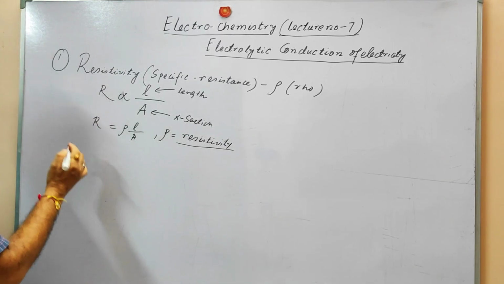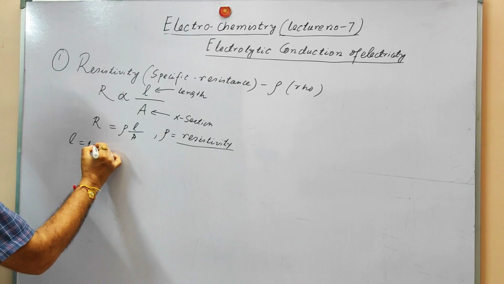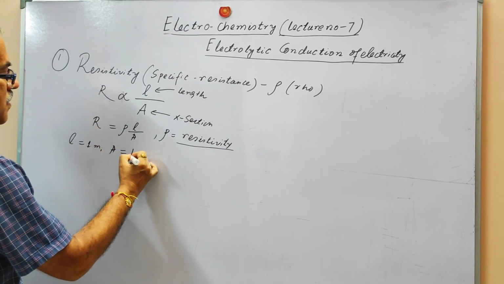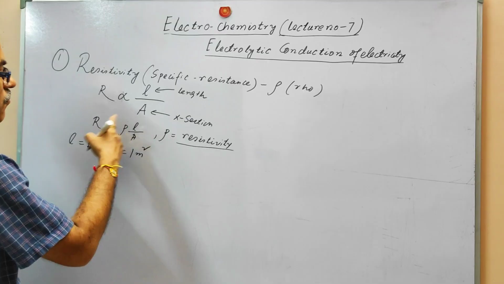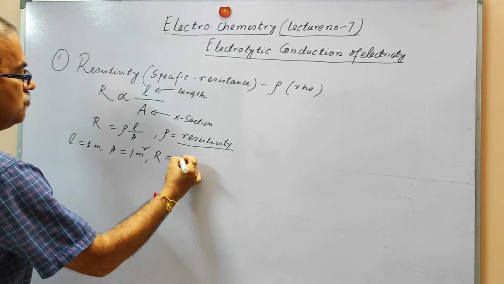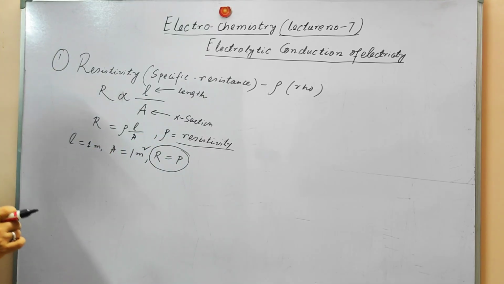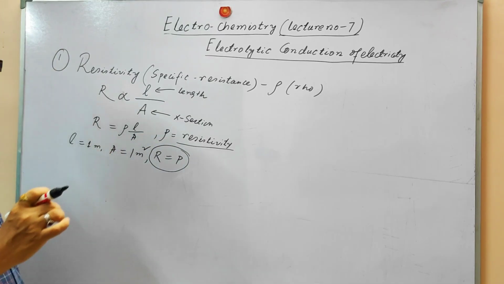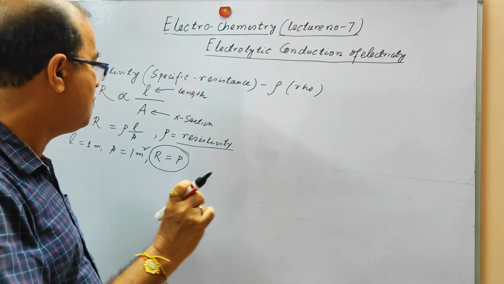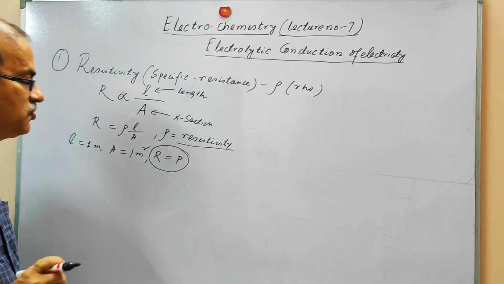When L is equal to 1 meter, and A is equal to 1 meter square, at that time when we put these two values, we will get R is equal to rho. Means resistivity is nothing but the resistance of the conductor of 1 meter length and 1 meter square cross section.